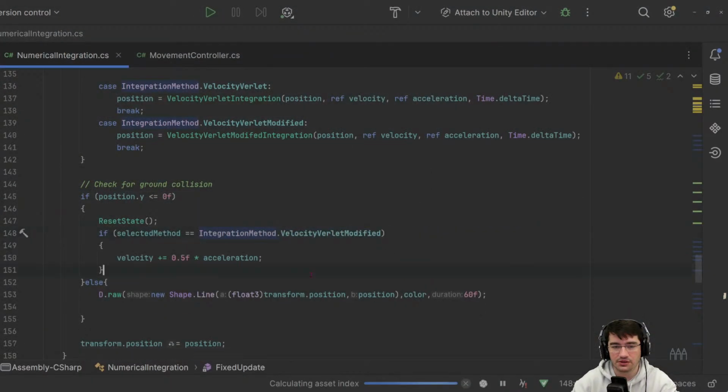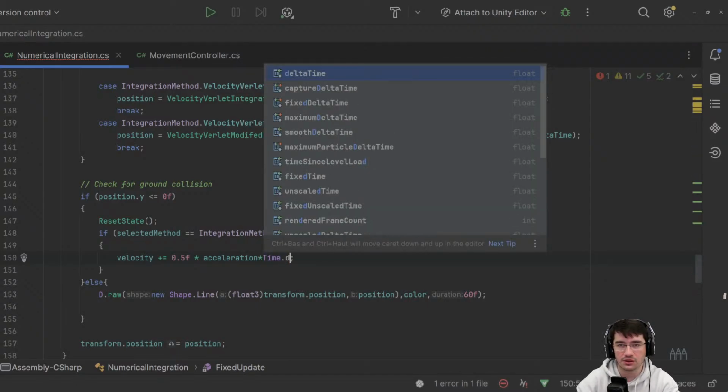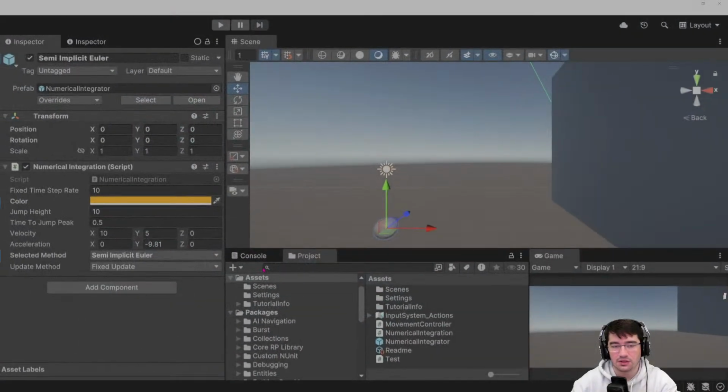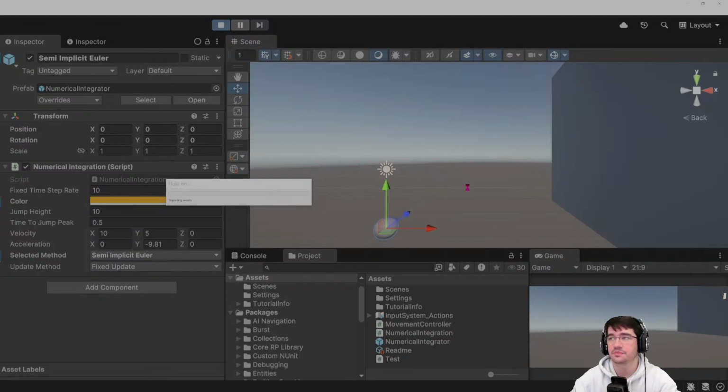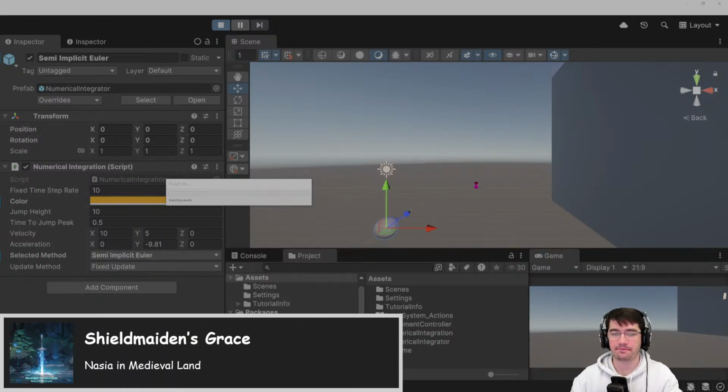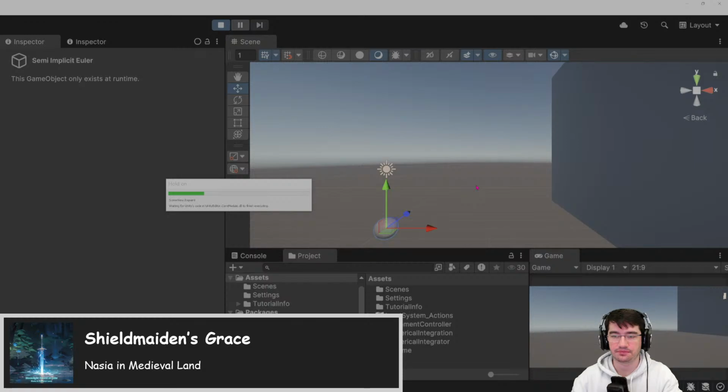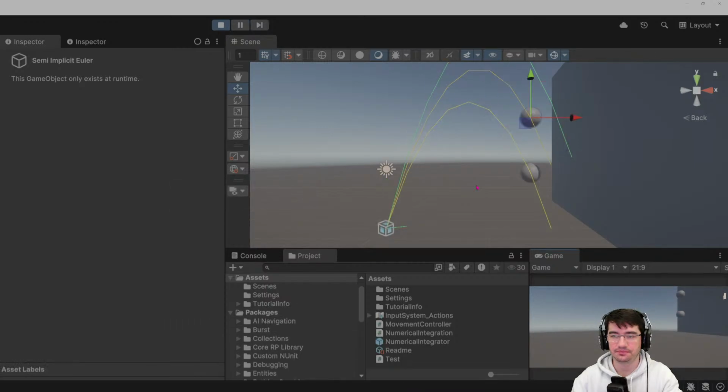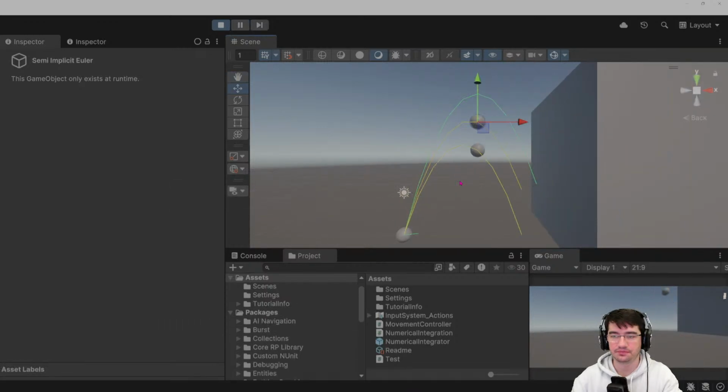I just killed the entirety of it, because acceleration times Time.deltaTime. Okay, so that's not accurate either.